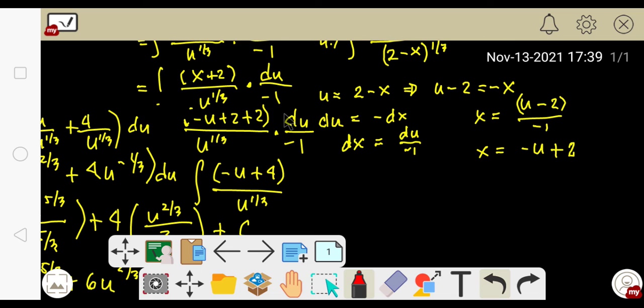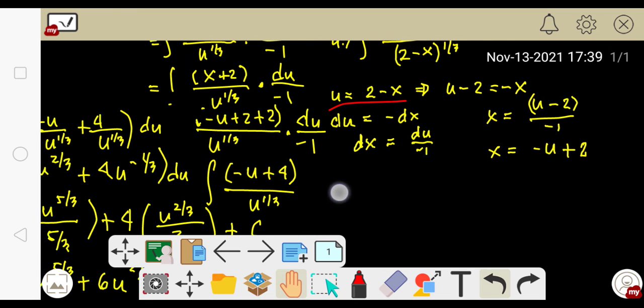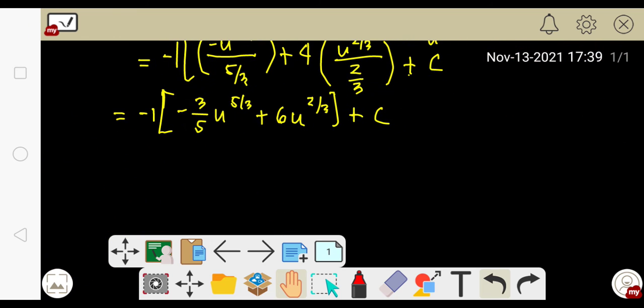Now we are going to substitute 2 minus x to this. So this becomes equals 3/5 times (2 minus x), see, that is the value of our u.